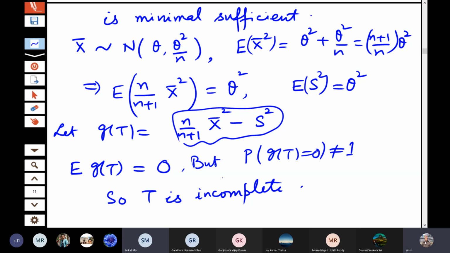Another thing you must be interested in: here I am trying to see whether the minimal sufficient statistic is complete or not. But suppose I don't have the sufficiency concept, suppose I don't understand that, and I look at completeness independently. Which statistic should I try to prove is complete in a given problem? Fortunately, for the exponential family of distributions we have a nice result. I will state the result without proof here.